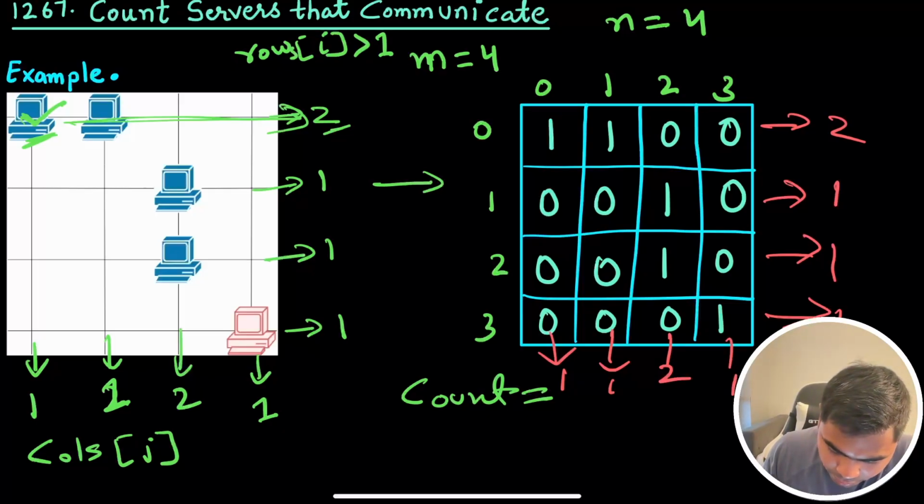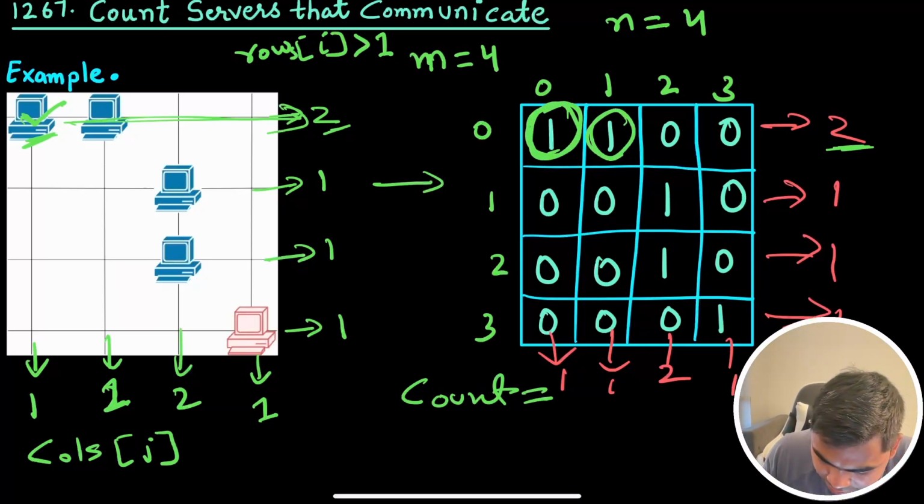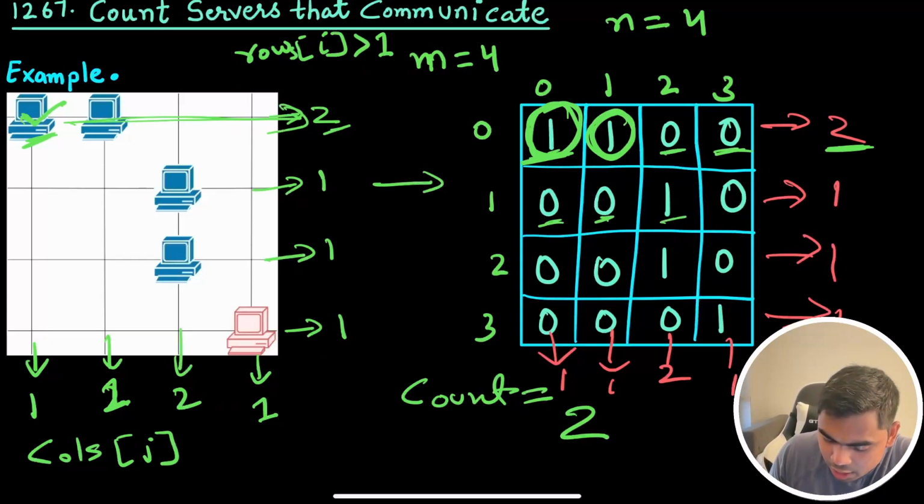So now we came over here. This is a 1, and its row has a value greater than 1, so this counts. This is one of our servers, then this is another server that is part of this row. Because these were communicating, we increment our count by these two. Then how about the next row? This is 0, so we skip these. How about this one?